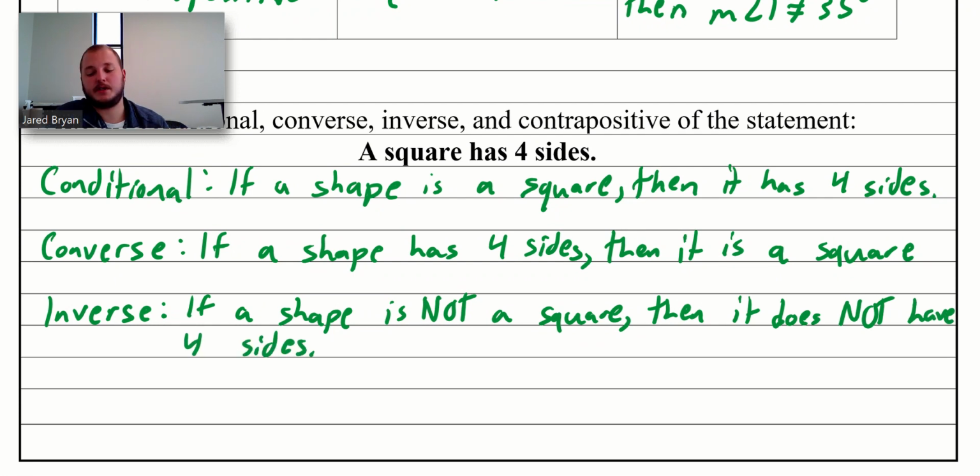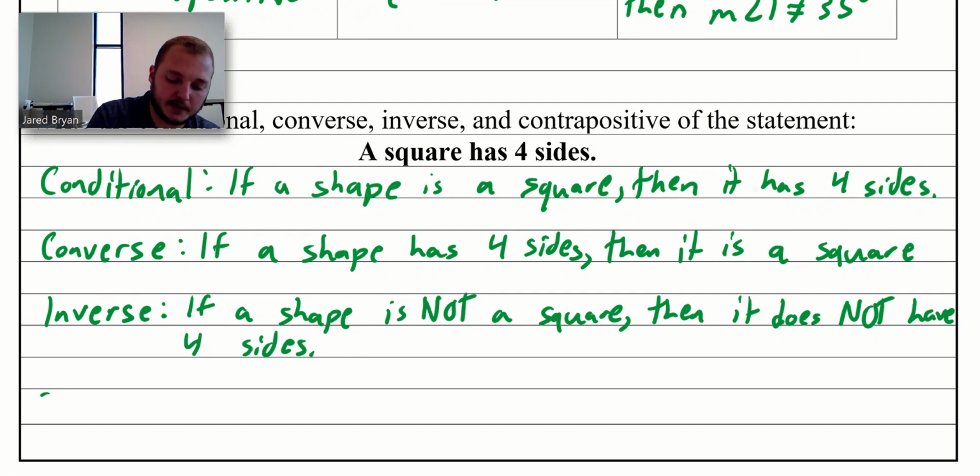If a shape is not a square, then it does not have 4 sides. Again, I can see that is also false. I could come up with counterexamples or ways to disprove that statement. A rectangle, for instance, does have 4 sides, but it is not a square.